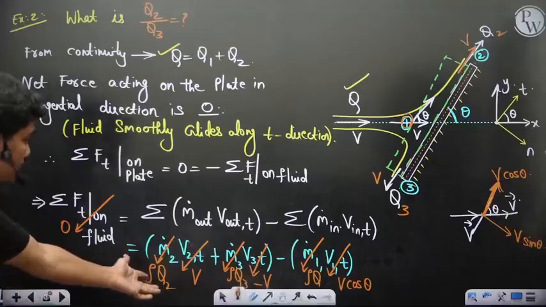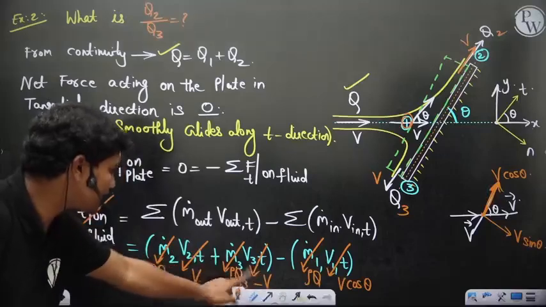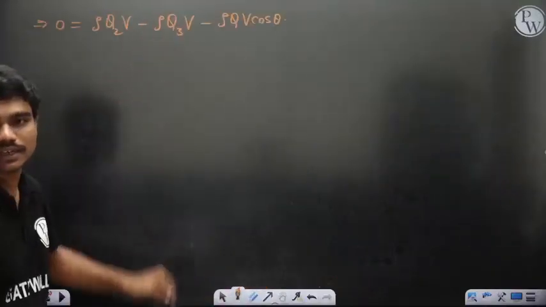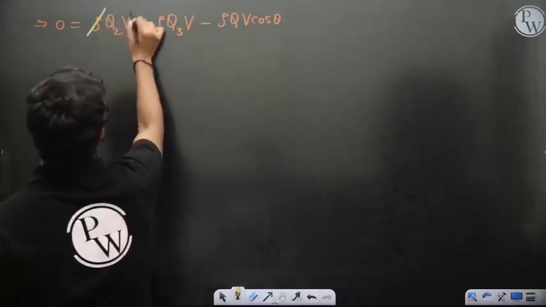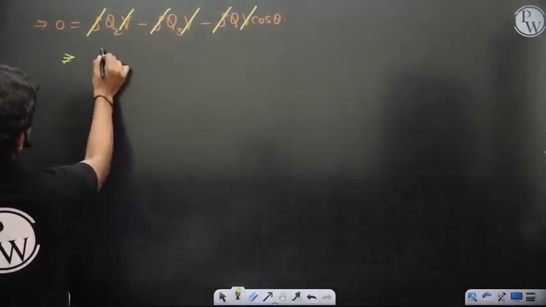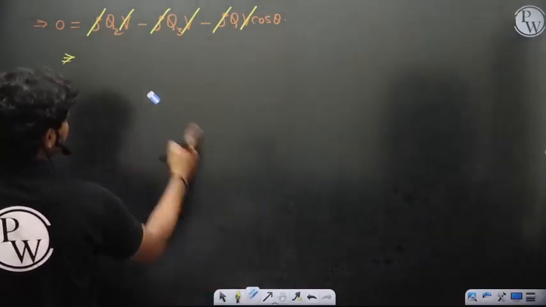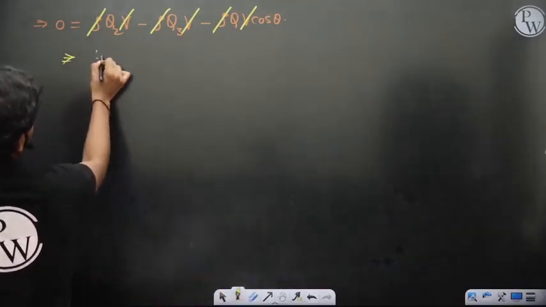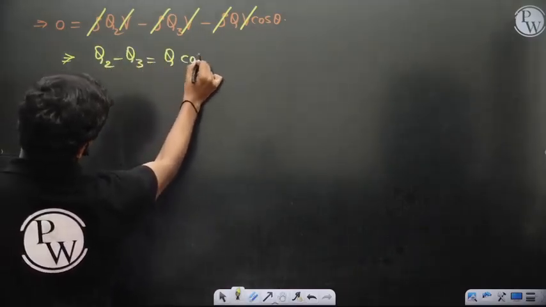Obviously, this minus v is there, so plus into minus gives minus, that's why I have written a minus sign here. Density and velocity are common in all the terms, which tells you q2 minus q3 is equal to q cos theta. This is one equation.